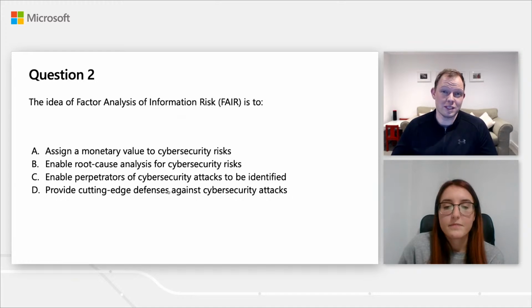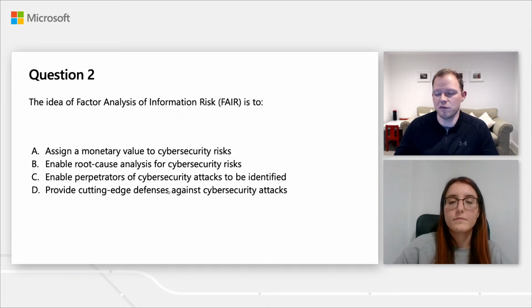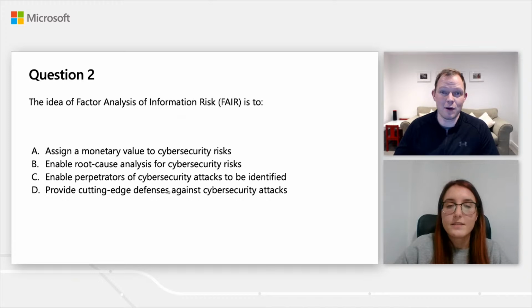We would normally do root cause analysis for failures or incidents that had happened. A risk is something that might happen. An incident is something that has happened. So it just doesn't make sense. And even if it did say cybersecurity incidents, that's not what we're doing with FAIR, right? FAIR is all about loss and calculating that loss. Yes. And of course, C is not true, because the FAIR organization doesn't have to do with identification. Yeah, exactly. That's very true.